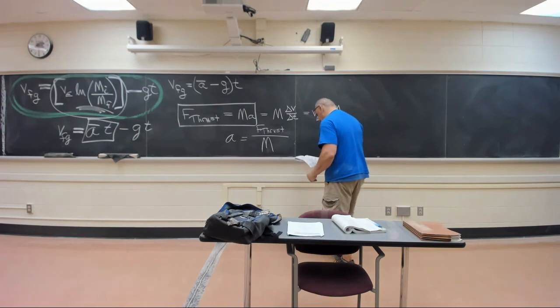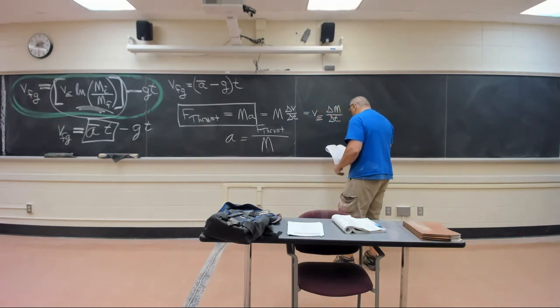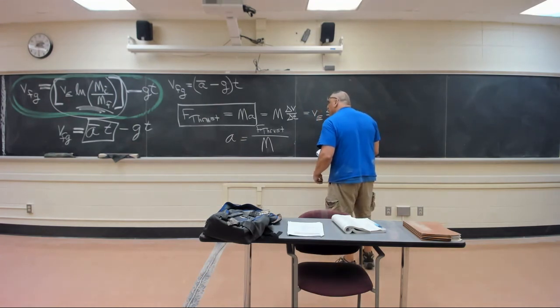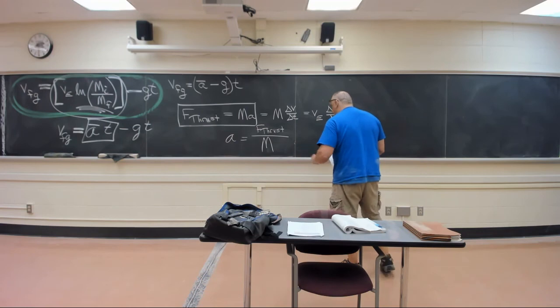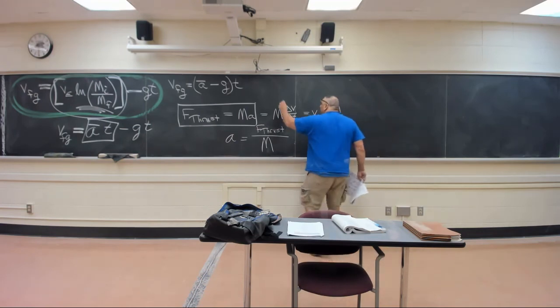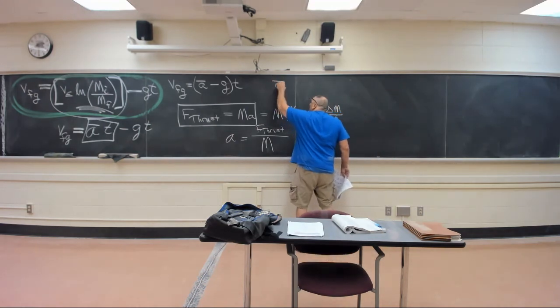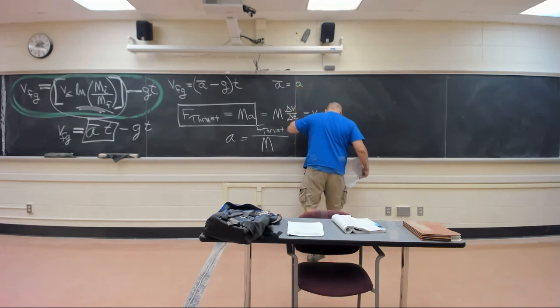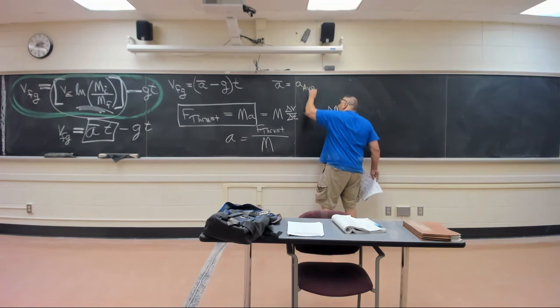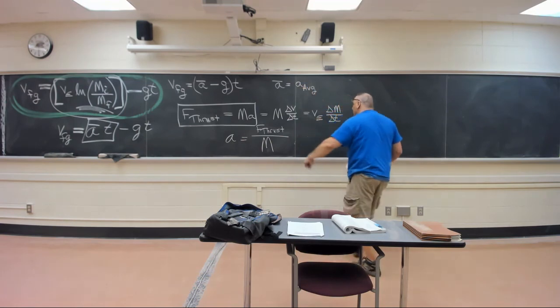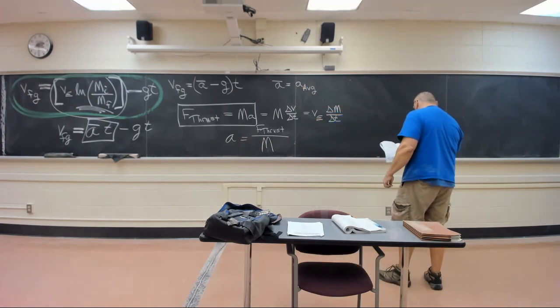So that's true. Is there an average? Let me see if I can say that. I'll put a bar there to say average, equals A average. True. We can say that.